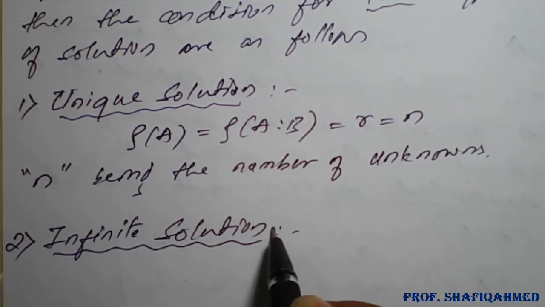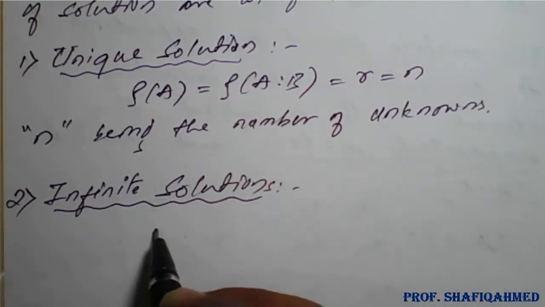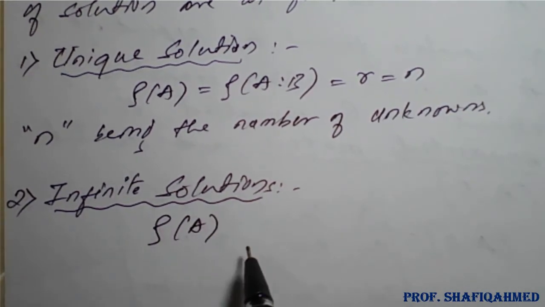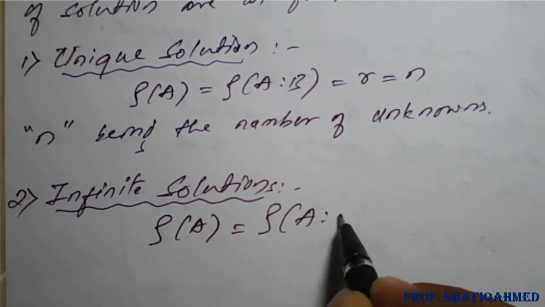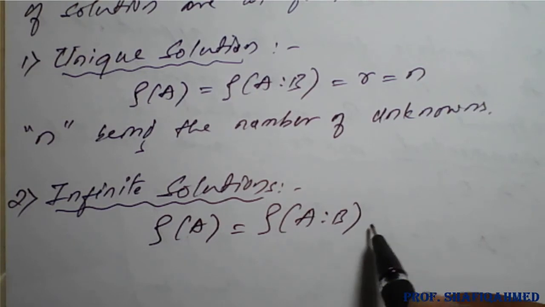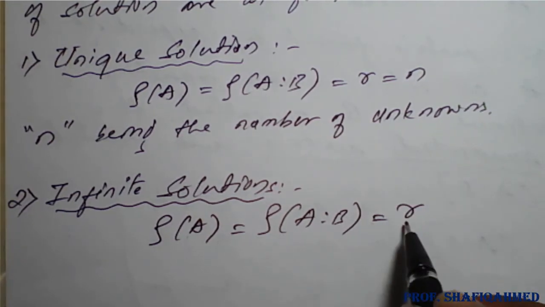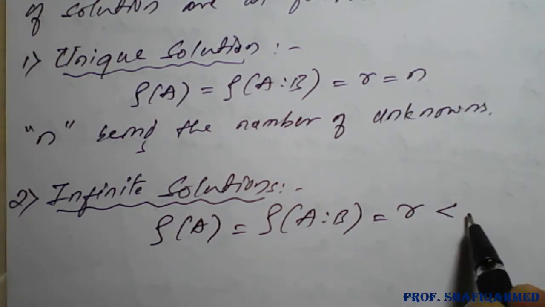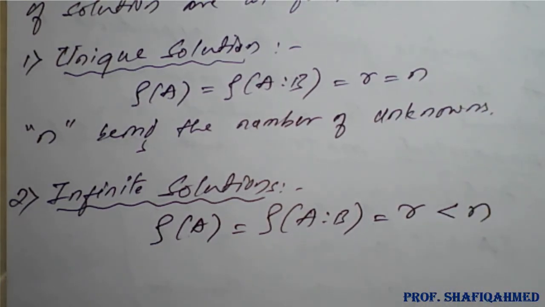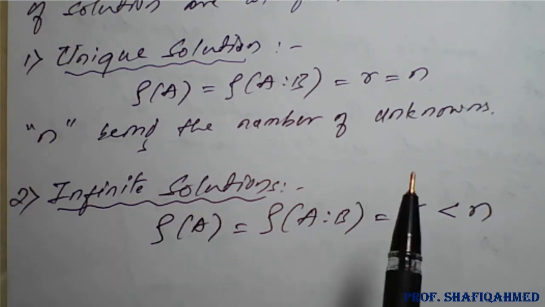When it is an infinite solution, rank of matrix A is equal to rank of augmented matrix AB is equal to, suppose, R, and if both the ranks are the same and R is less than n, then we can say that it has infinitely many solutions. See, both the conditions are very important.